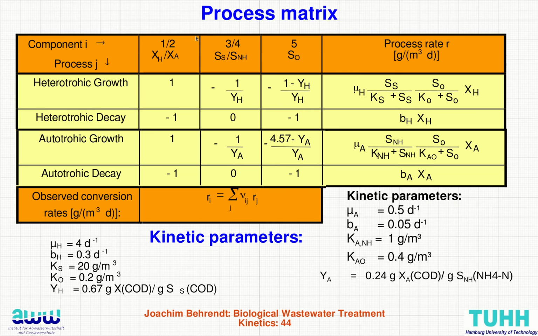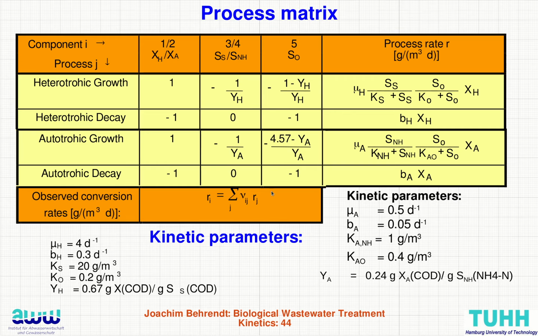Here we have also put in autotrophic organisms, also nitrifiers. And here are the growth rates for heterotrophic and for autotrophic microorganisms, and the decay rates, which are also different for heterotrophic and autotrophic. Inside the fields of this matrix there are the stoichiometric coefficients.